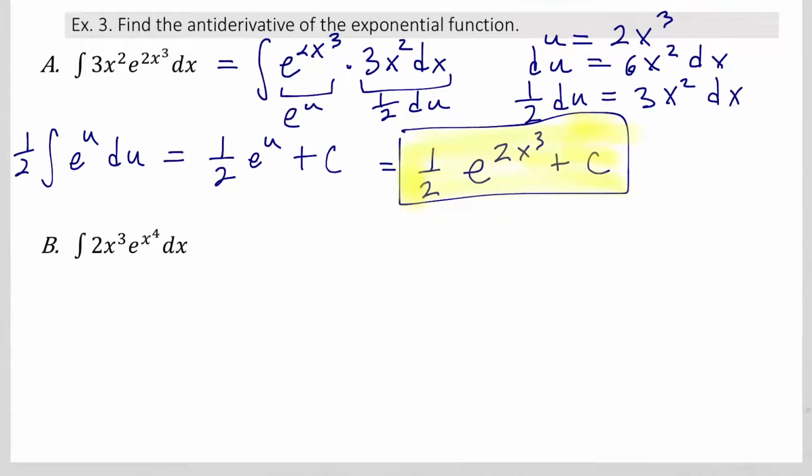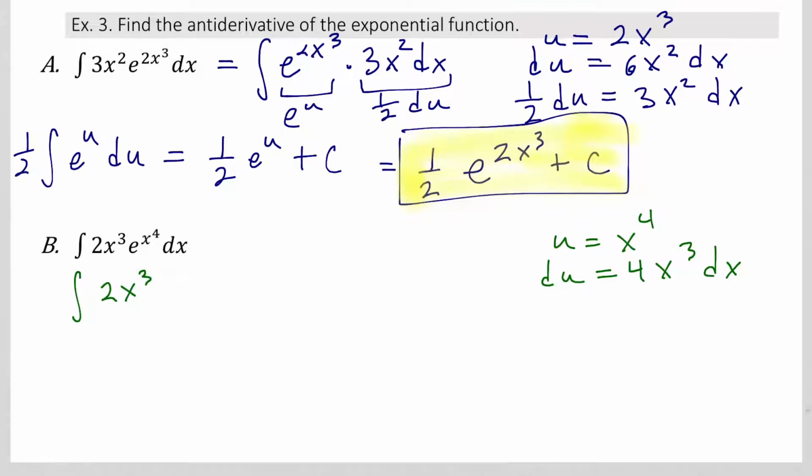Okay, one more like this. I've got e to the x to the 4th power, so it makes sense to set u equal to the power x to the 4th. Du would be 4x cubed dx. Looking at the form of my integral, I've got 2x cubed.